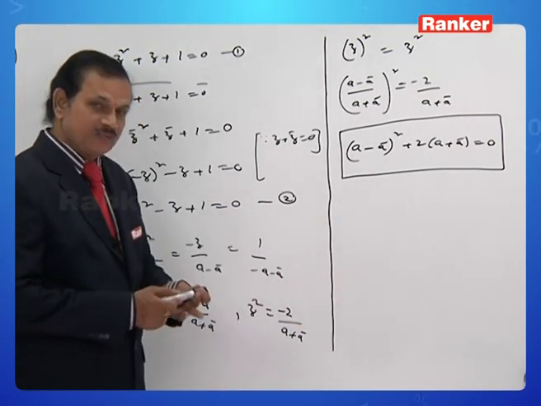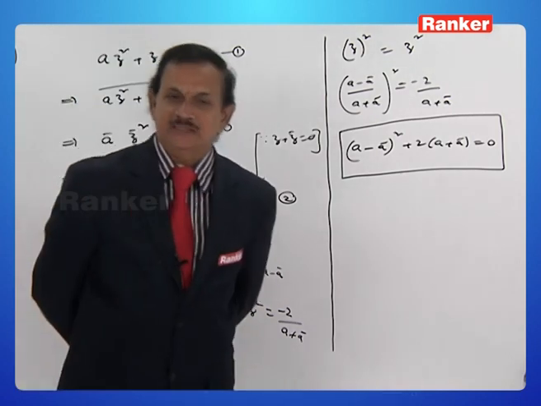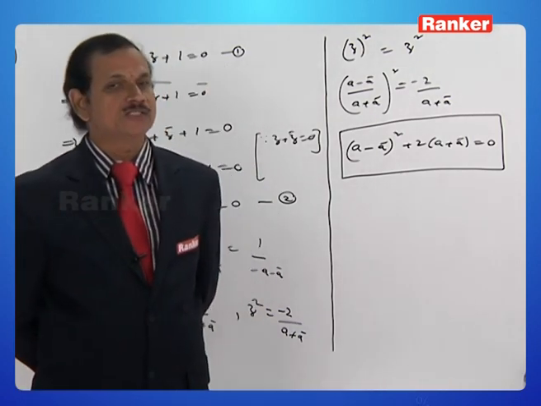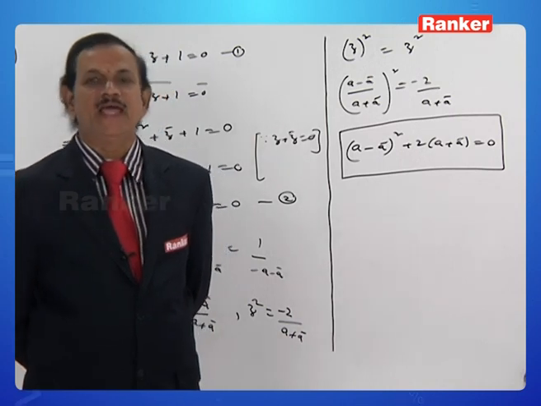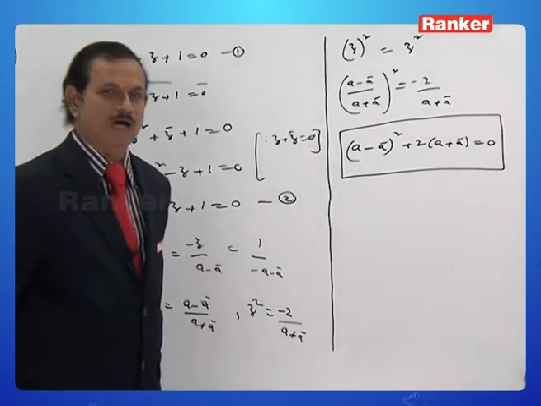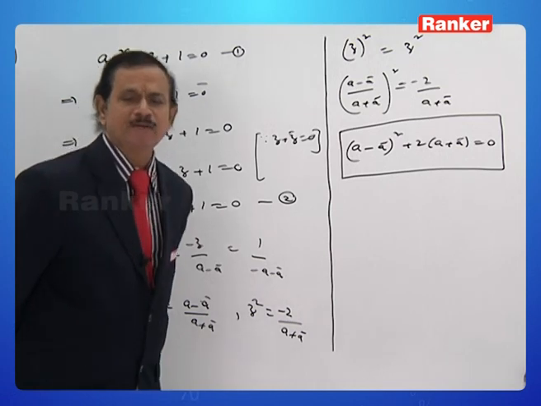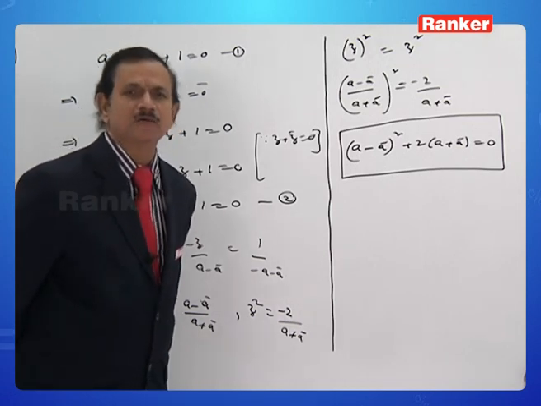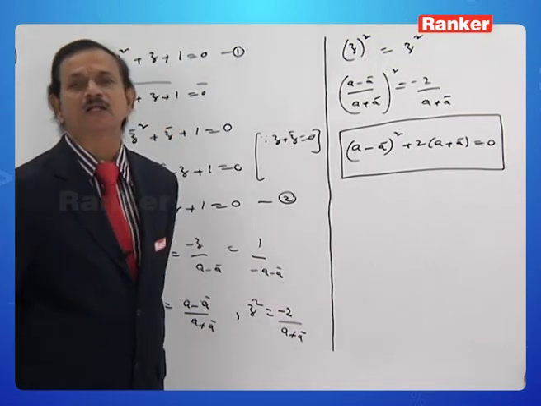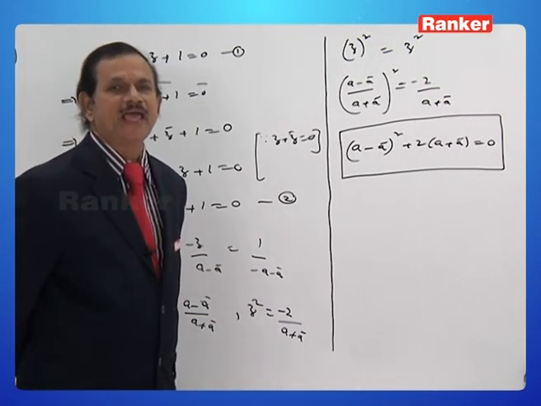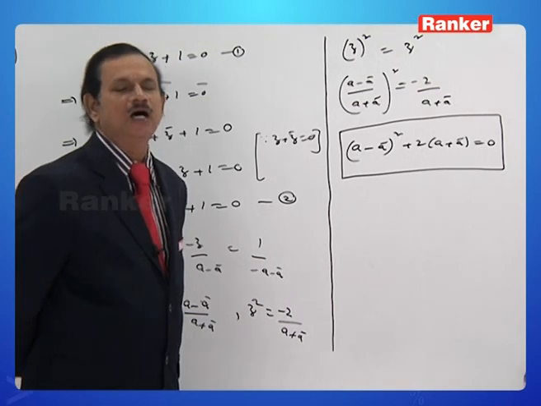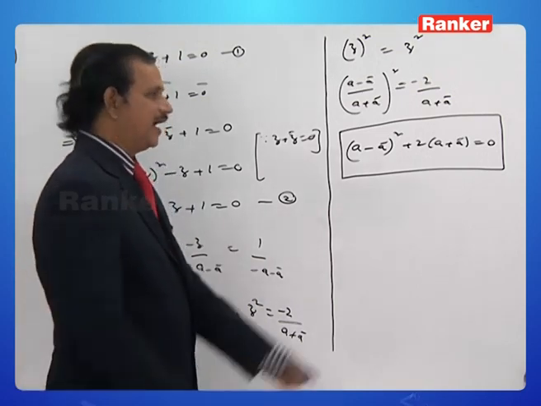In the beginning itself, he has said that mod A is equal to 1. Let me write A in mod amplitude form. What do you mean by mod amplitude form? R into cos theta plus i sin theta, where R is the modulus. Here the modulus is 1, so I can take A as cos theta plus i sin theta. Right.